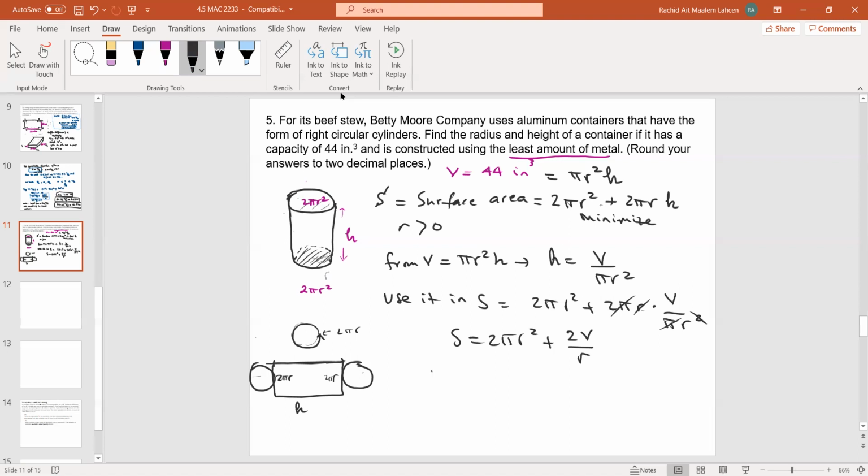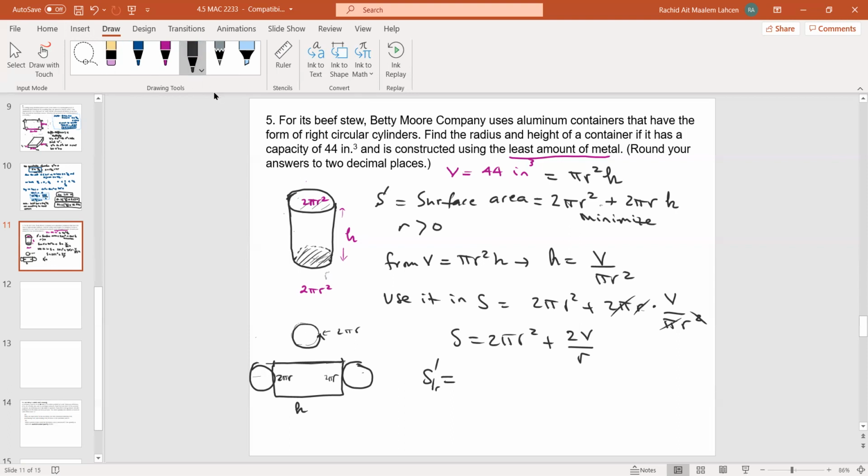Now after this, you do S prime, the first derivative. Set it to 0, so let's just go ahead and do it here. With respect to r, of course. Maybe we should do it this way, correct way.